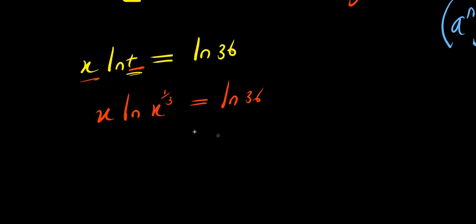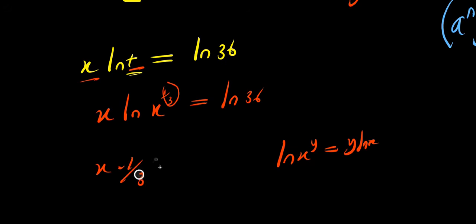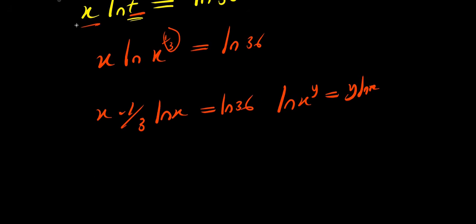And remember the identity again. Natural log of x power y equals y times natural log of x. So 1 over 3 here can come behind this x. I'll have x times 1 over 3 times natural log of x equals natural log of 36. So from here, x times 1 is x over 3 times natural log of x equals natural log of 36.